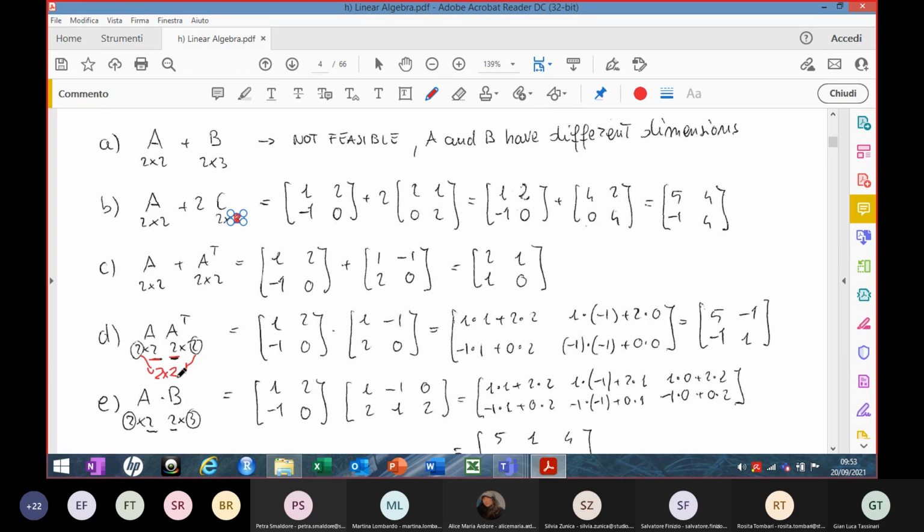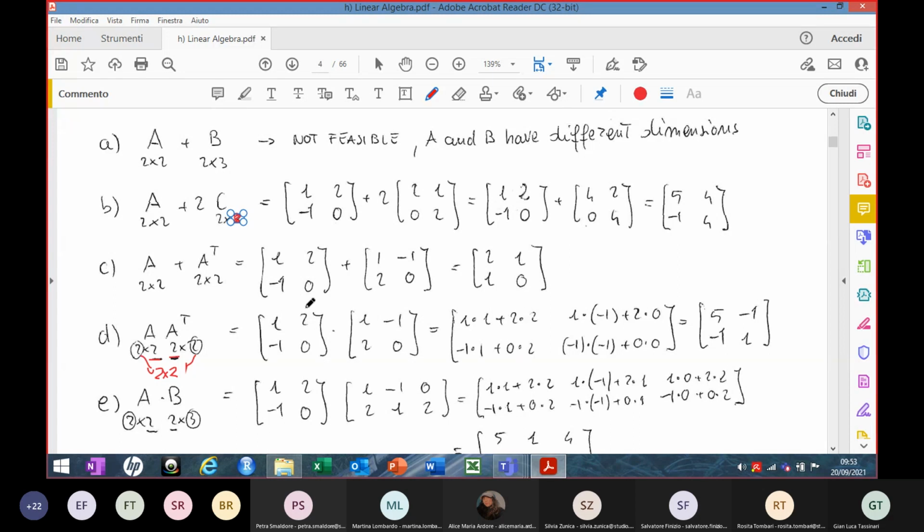Now we are going to see how to perform the product. As I told you, you have to multiply. This product is called row column product, because you have first to consider the first row of A, and you have to multiply this first row by the first column, and you write here the result.